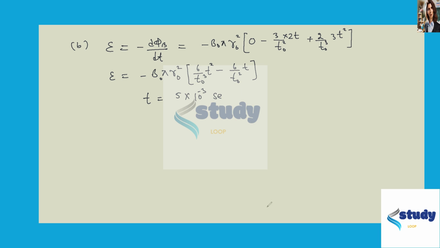So putting in all the values of the constants B naught, t naught, and time, all of which are known, the induced EMF comes out to be minus 0.08 for the magnetic field multiplied by 3.14, then for the radius 0.0420 whole square, then in the bracket 6 by 0.01 cube multiplied by (5 into 10 raised to the power minus 3) square minus 6 by 0.01 square multiplied by 5 into 10 raised to the power minus 3.